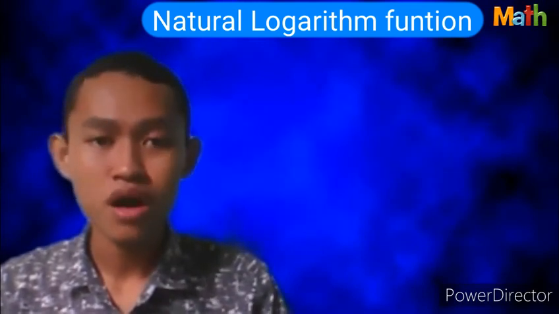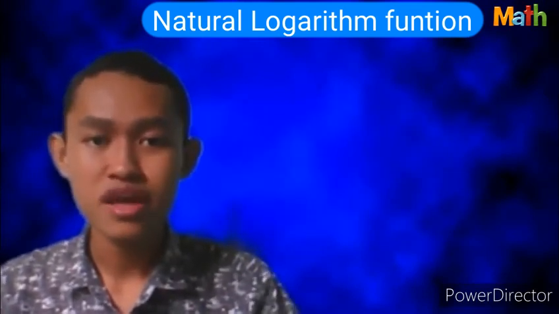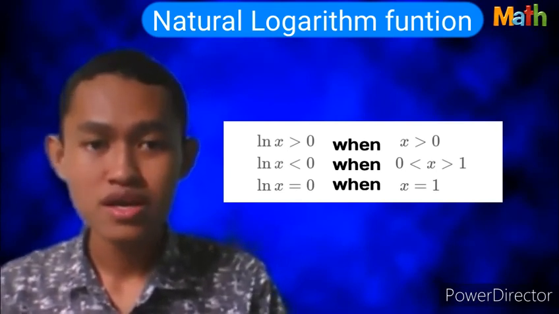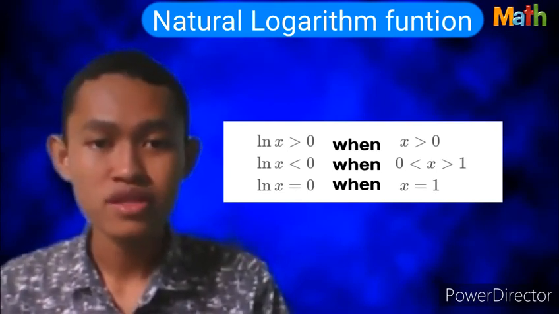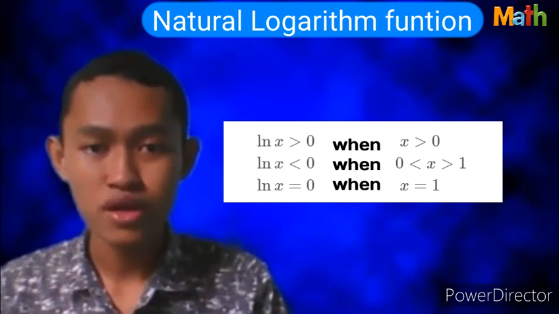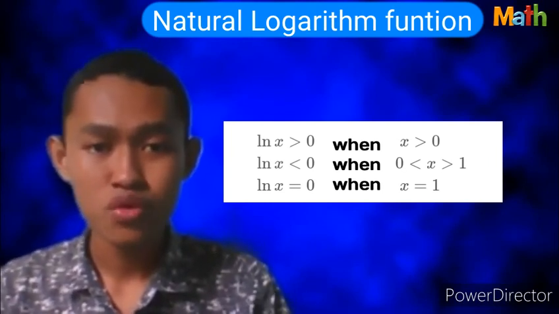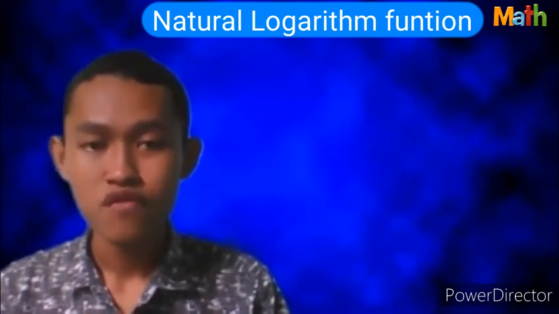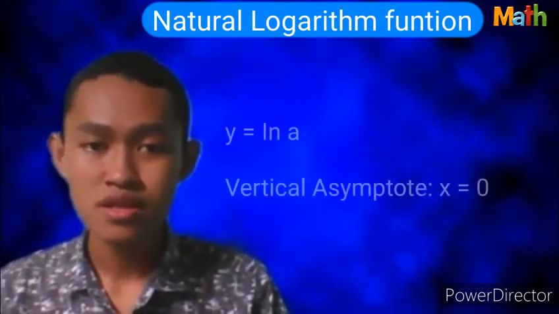Based on the above definition, you can understand that ln x is bigger than 0 when x is bigger than 1, ln x is less than 0 when x is bigger than 0 but less than 1, and ln x equals 0 when x equals 1.